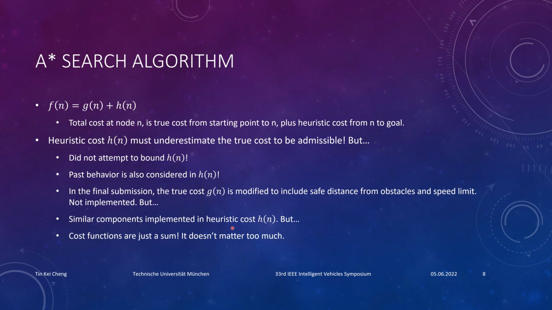It is totally wrong, and I would definitely fail an exam if this were an exam. But why does it work? Because this is just a sum. The terms in the heuristic function, even though they are not supposed to be there, it is just a sum, so they can just cross over to the other side in the server evaluation. So the speed limits and safe distance can be transferred to the other side. It doesn't really matter because it is just a sum.